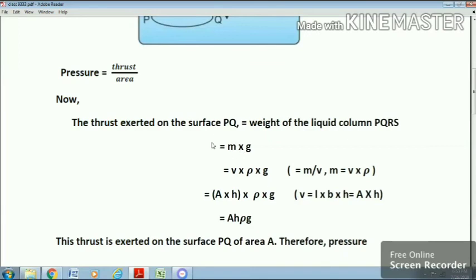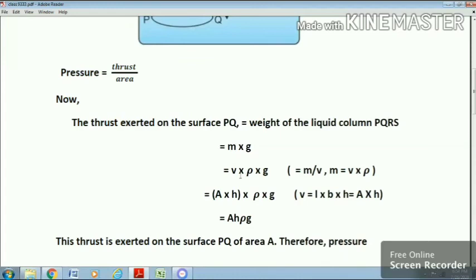Now here we will substitute the formula of mass in terms of volume and density, as we all know that density is equal to mass by volume. Therefore mass is equal to volume into density. So the formula now becomes volume into density into g. In place of m we have substituted volume into density, V rho.